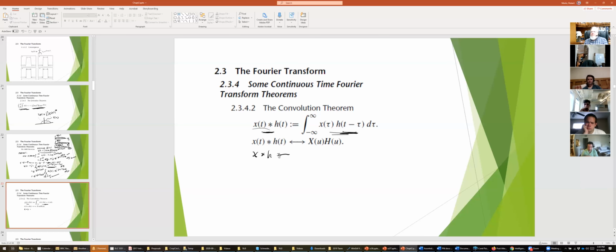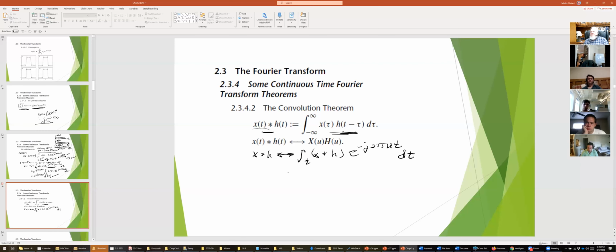Now we can prove that. The Fourier transform of x convolved with h is the integral over t of x convolved with h, times e to the minus j 2 pi u t dt. That's the definition of the Fourier transform.